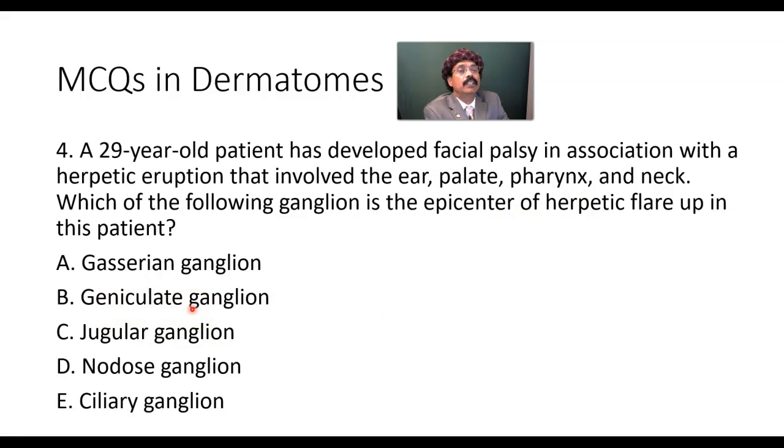The virus DNA was hiding there for many years. Like the previous patient, this patient may have had chickenpox early in life, in adolescence, so the DNA may be present in the geniculate ganglion and may erupt and cause this problem.